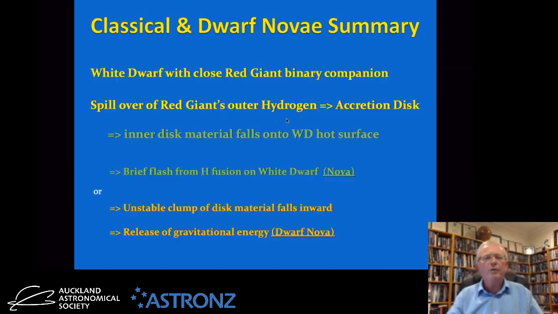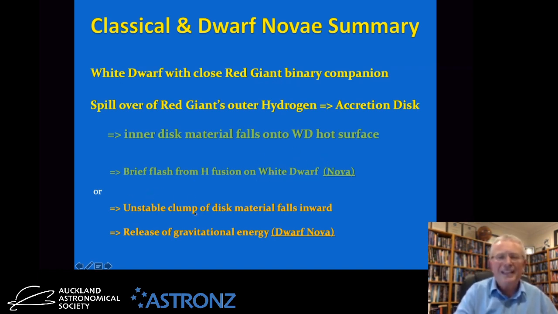Okay, so let's summarize classical and dwarf novae. Both involve a white dwarf in close contact with a red giant binary companion, with spillover of the outer hydrogen layer from the red giant to form the accretion disk. As that disk heats up and material falls onto the surface and gets hot until you get hydrogen fusion, that gives rise to a classical nova.